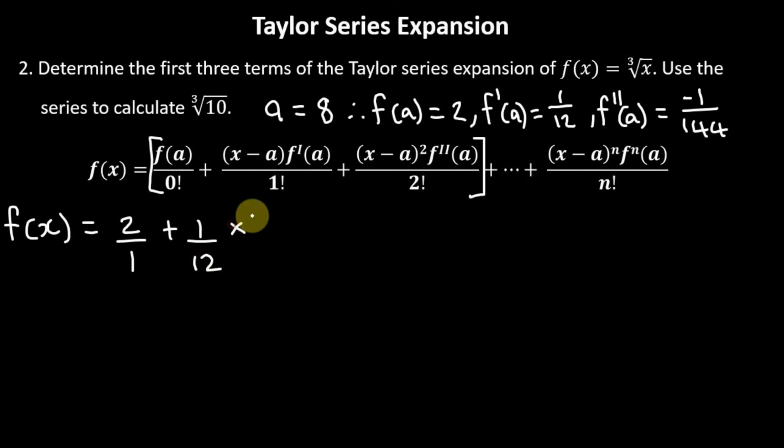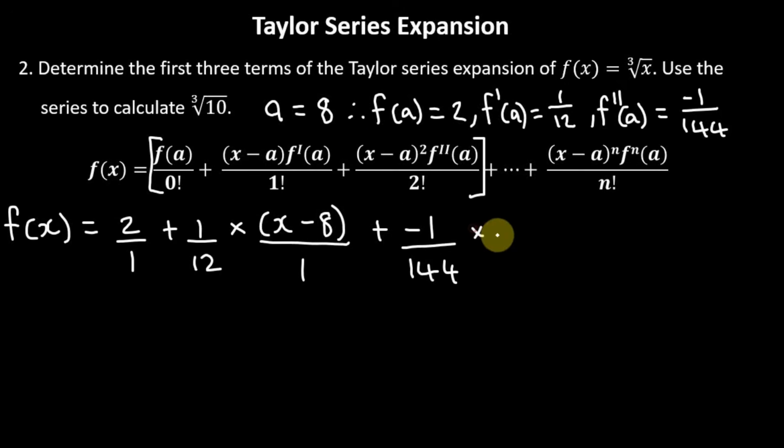So 1 over 12 times the bracket here, x minus a, and of course the value for a is 8, over 1 factorial, which is 1, plus we're going to multiply this bracket here, x minus a all squared, by the value that we got for the second differential of f of a, which was negative 1 over 144, and we'll multiply this by the bracket here, so we'll have x minus, and of course guys the value for a is of course 8, and raise this to the second power, and we'll put this over 2 factorial, which is 2.